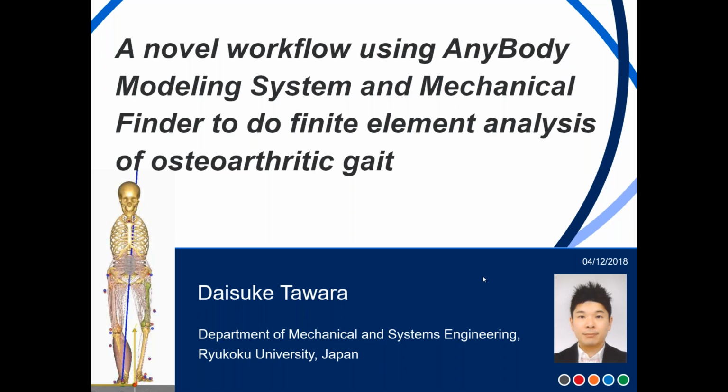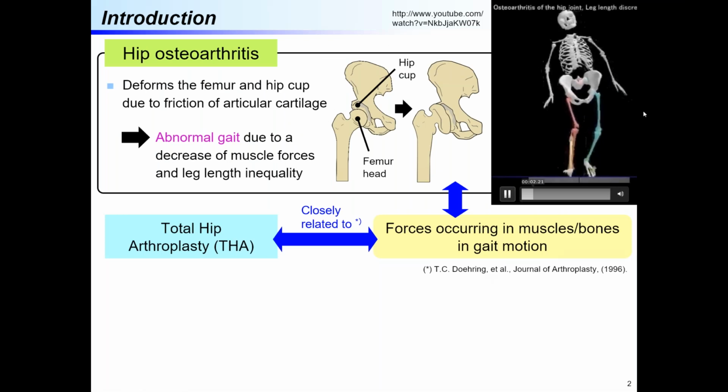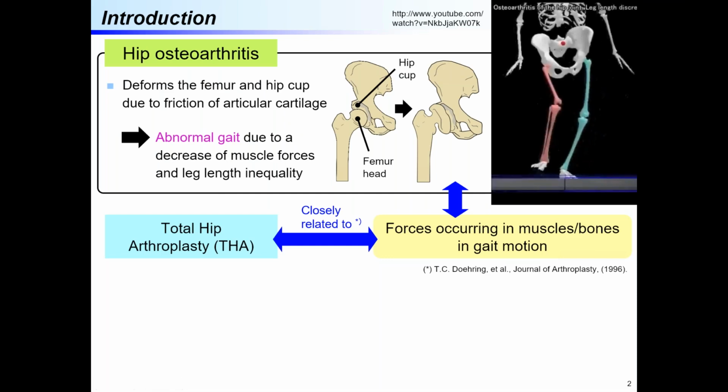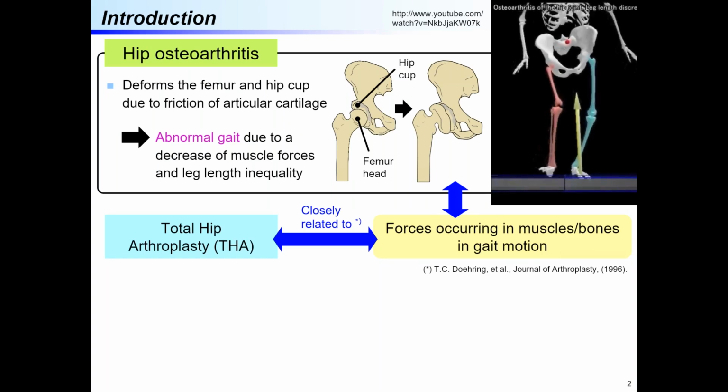So let me start with the introduction to hip osteoarthritis. Hip osteoarthritis is a disease which deforms the femur and hip cup due to friction of articular cartilage, and it leads to abnormal gait due to a decrease of muscle forces and leg length inequality.